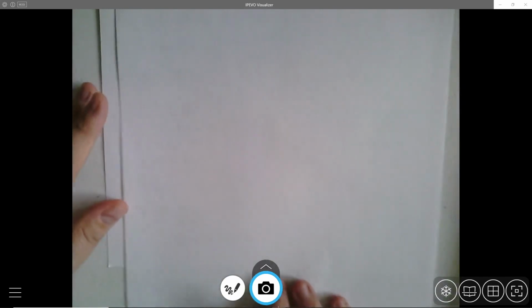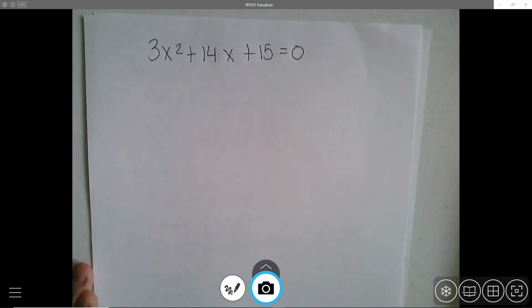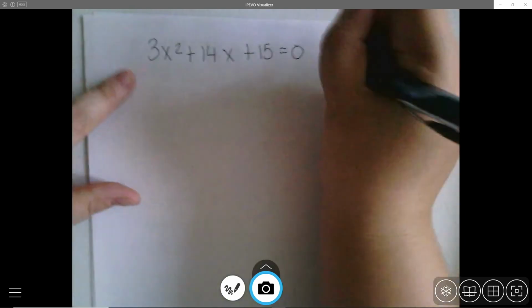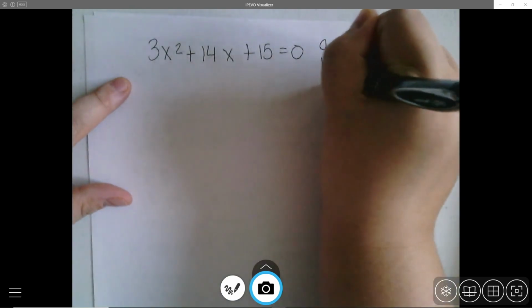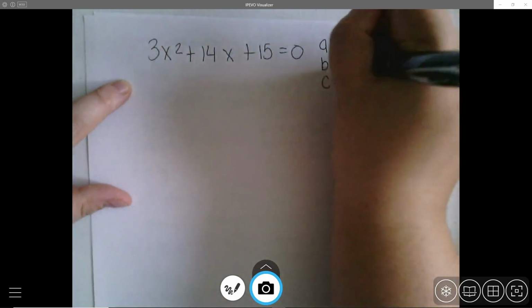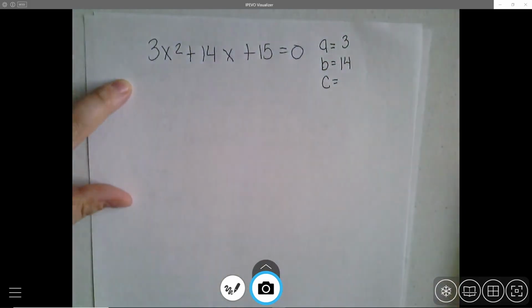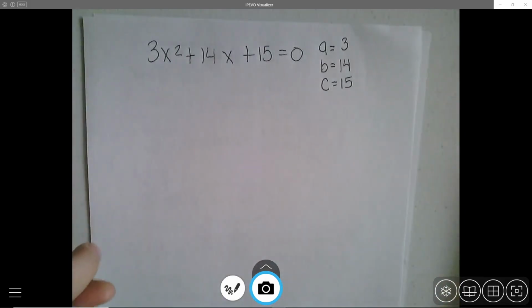So I rewrote the problem, 3x squared plus 14x plus 15 equals 0. No GCF, so I can go right to the first step. Identify A, B, and C. A is what's in front of x squared, which is 3. B is what's in front of x, which is 14. C is your constant, your number at the end, which is 15.